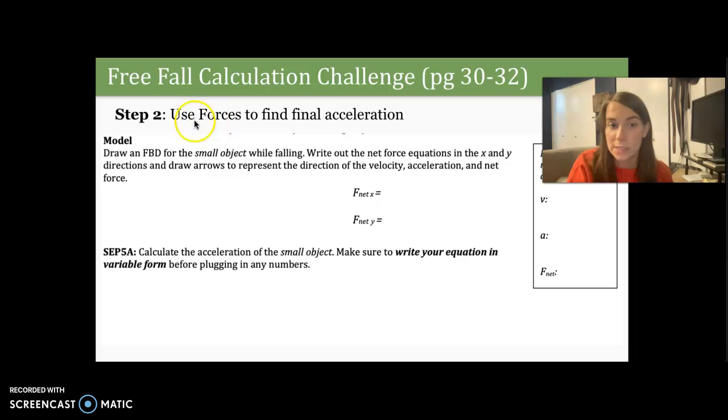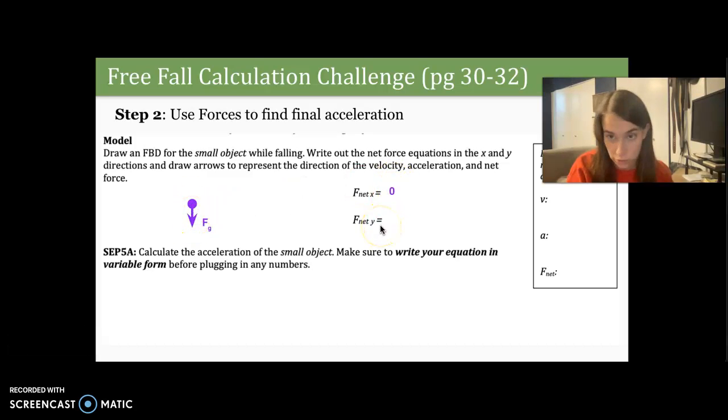So we're going to use forces to find the acceleration. Not the final, that should just say acceleration. To find the acceleration of the object while it's falling. So starting with the free body diagram, for the small object, it's going to have a small weight. Weight is the same thing as Fg, so this is a small arrow down. Nothing in the x direction.